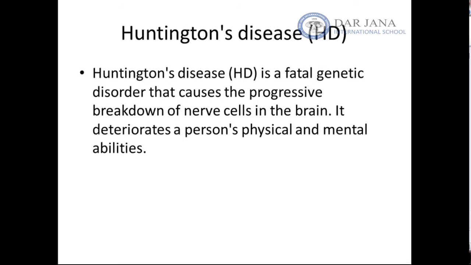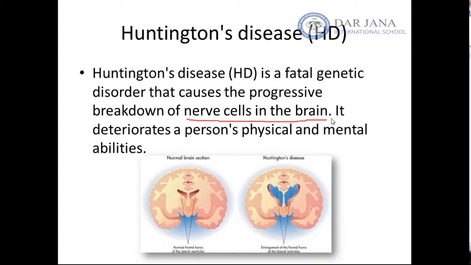Now let's talk about Huntington's disease or HD. Huntington's disease is a fatal genetic disorder that causes progressive breakdown of the nerve cells in the brain. Look at this figure.